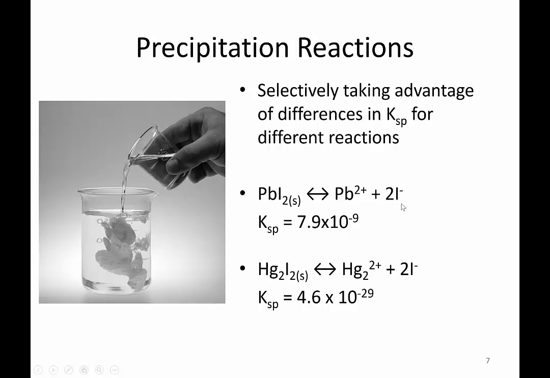So what this is saying is mercury iodide is much less soluble than lead iodide. So you could selectively precipitate, this will precipitate out at a lower concentration than your lead iodide. So you can selectively precipitate out things with different solubilities.